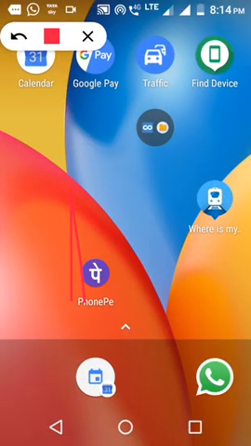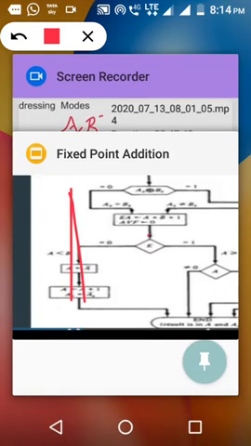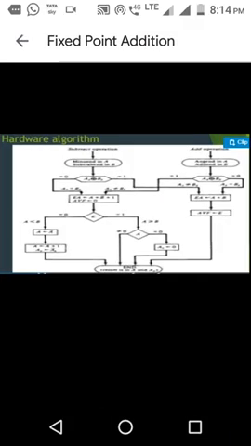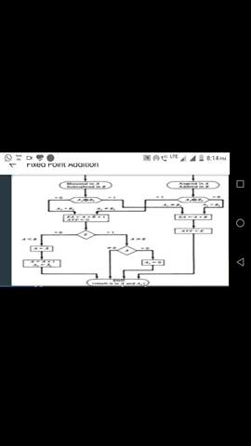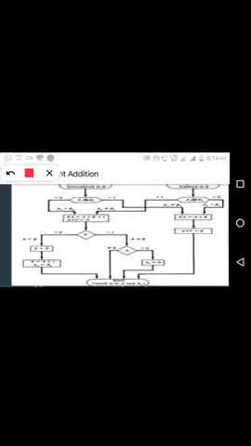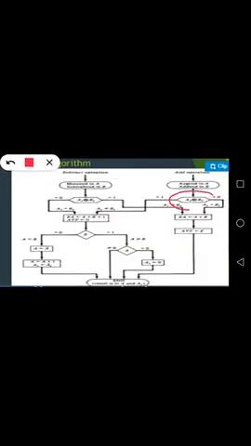If the result is 0, then you have to consider when AS exclusive or BS is 0, that means both signs are same, then you require to perform addition operation. The addition operation is very simple.